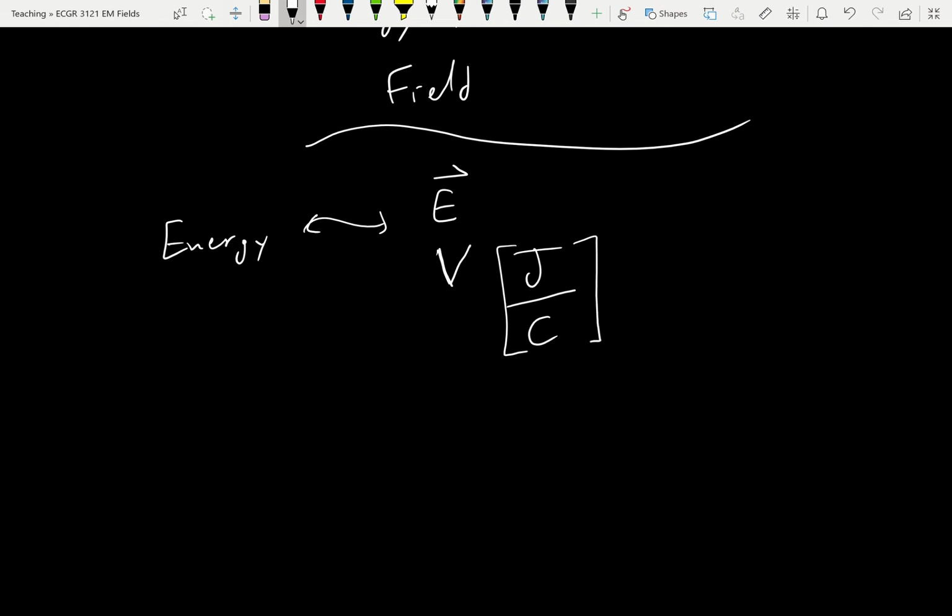It has units of volt, and volt is joules per coulomb. It's energy per unit charge, right? So that's one way to look at the electrostatic field, as a scalar energy field through the potential energy.